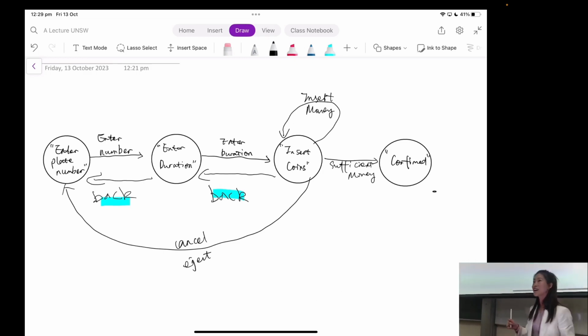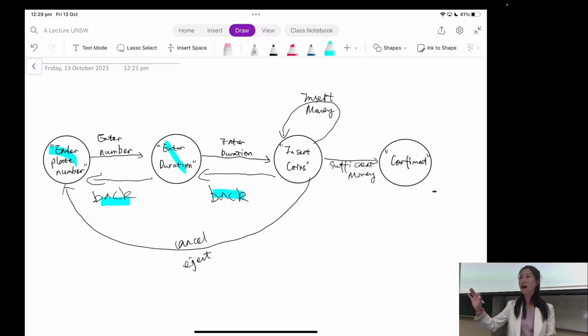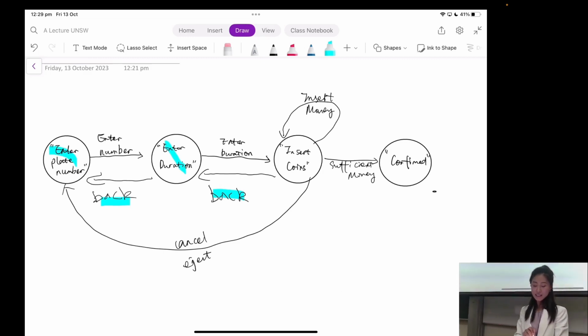Oh, another thing that we might not have considered is when you put in money, or for example, you enter your plate number, you enter duration, and then you just left. So will that parking meter stay at the state called enter duration?